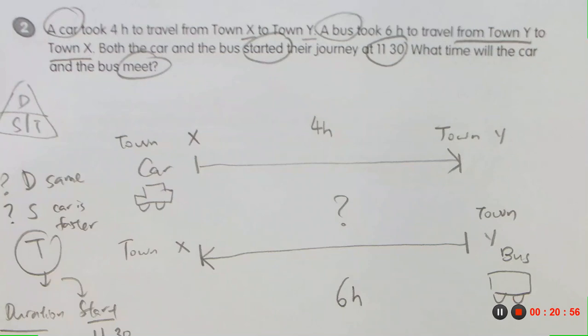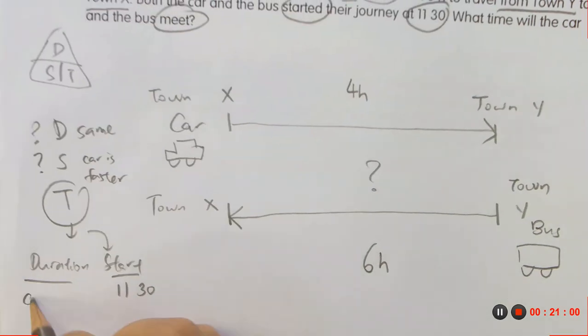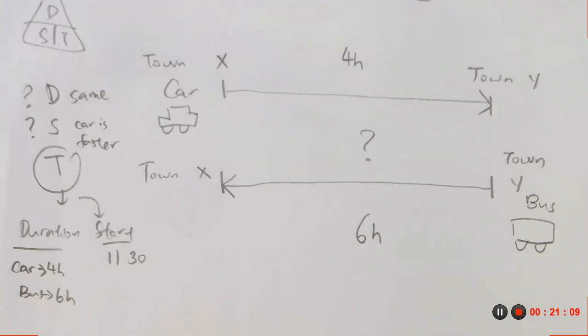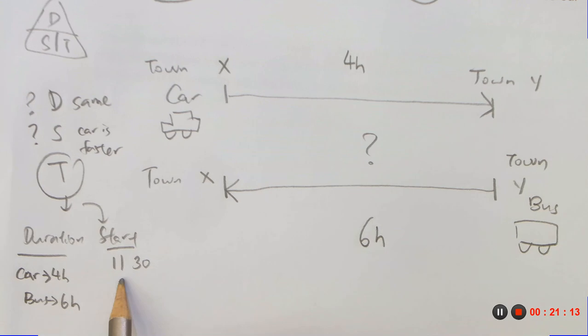Now, back here we have the duration, the car's duration. The car is 4 hours and the bus is 6 hours. These are all the information we know. Then the start is at 11:30. No, they didn't meet at the start.